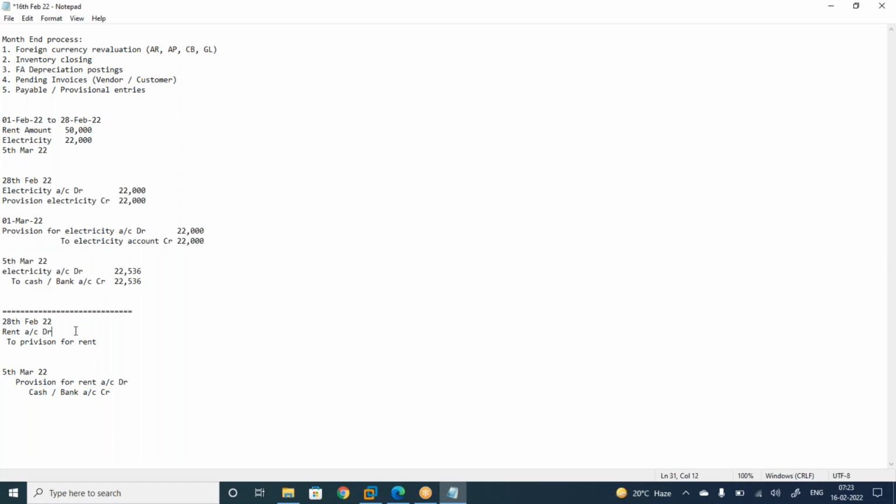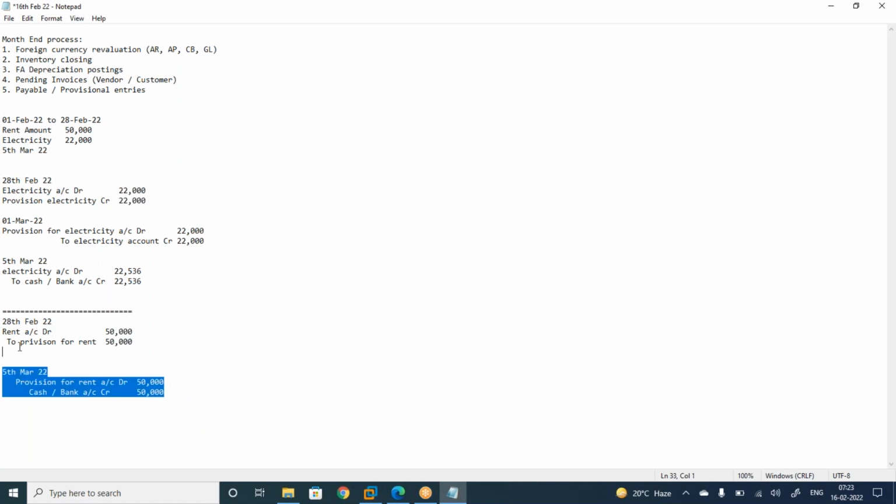Otherwise, if it is a fixed amount, I know it is 50,000, so I'm not doing the reversal on the 1st of March. I'm paying directly against the provisional or payable entry and cash, instead of expenses.